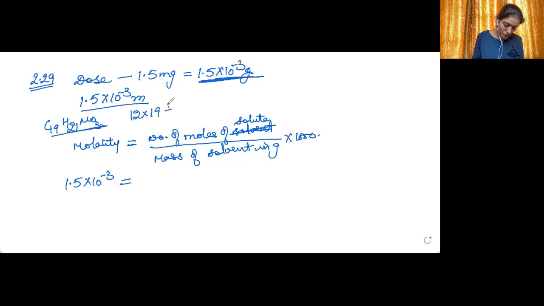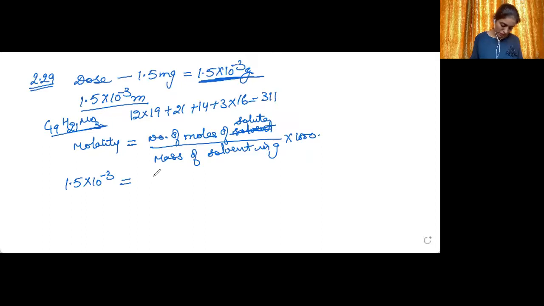12 into 19 plus 21 plus 14 plus 3 into 16, which will be 48. So it's coming out to be equal to 311.